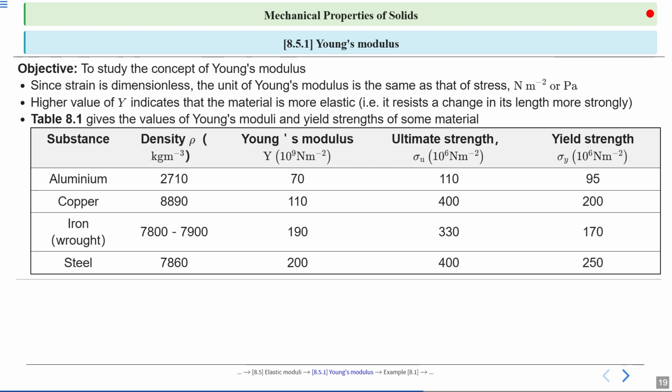Also compare the yield strength, which tells us how much stress a material can handle before it starts to deform permanently. Aluminium Young's modulus is 70 and steel 200. Copper 110 and iron 190, and respectively their ultimate strength and yield strength.